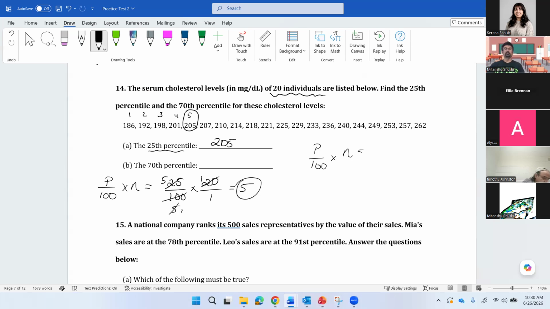That's going to be 70, because we care about the 70th percentile, over 100 times 20. Why 20? Because 20 is the number of numbers they gave me. Okay, and I get 14. Let me know if we agree with that. Please and thank you.